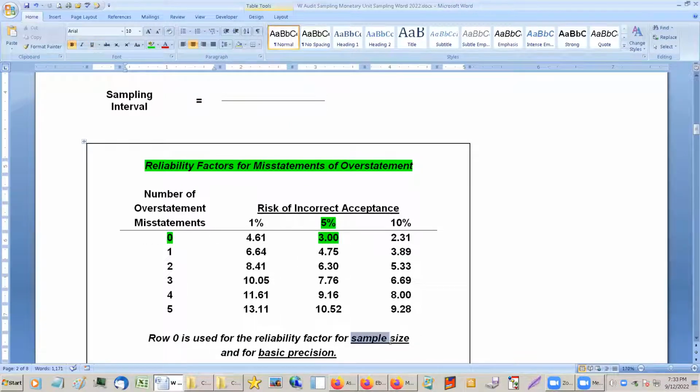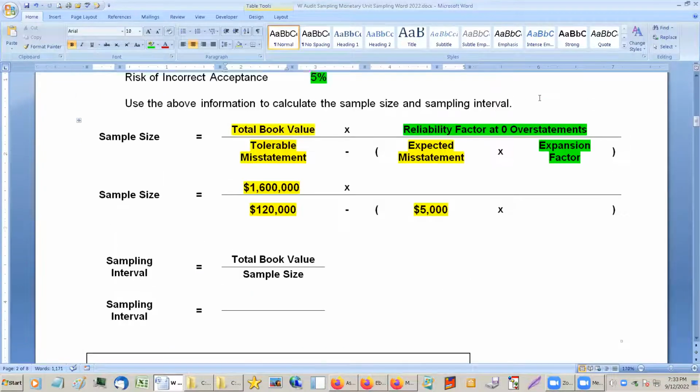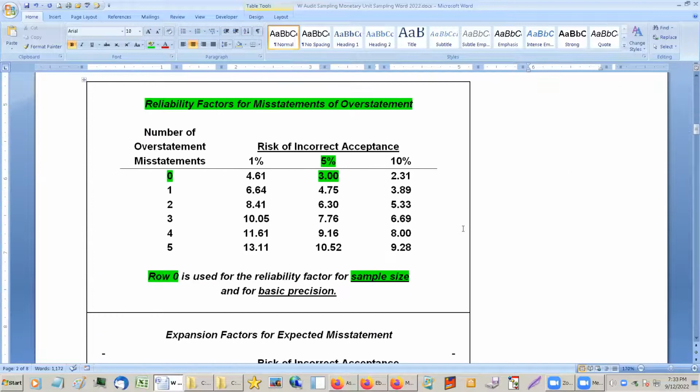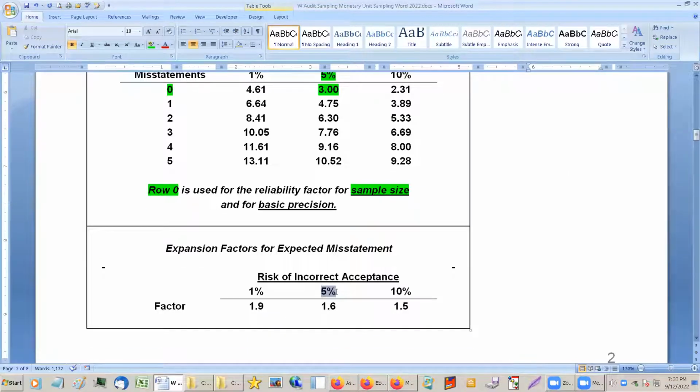This is for sample size. So we're going to plug in 3 up here. The expansion factor is a little bit easier in that there's only 1 at 5%.